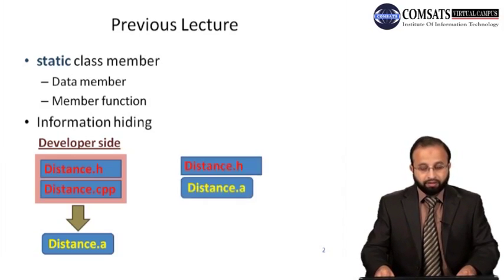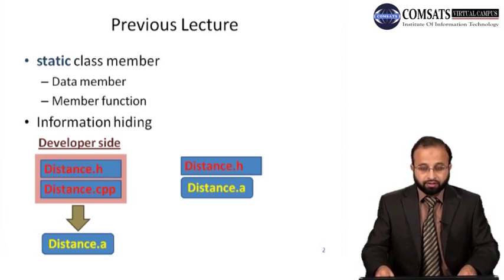Now we give the client a header file, that is distance.h, and the library distance.a. This library is not in a readable form, but the header file tells the programmer or the client or the user what the different member functions of the class distance are, what their prototypes are, and also the private data members of the class distance.